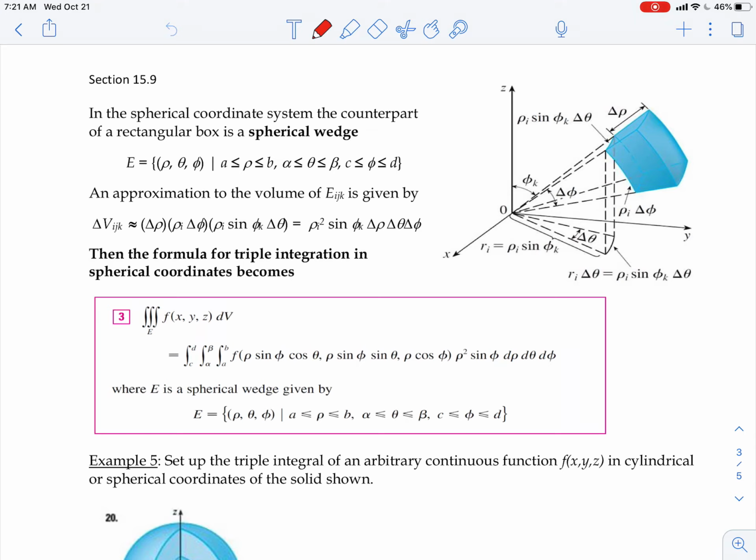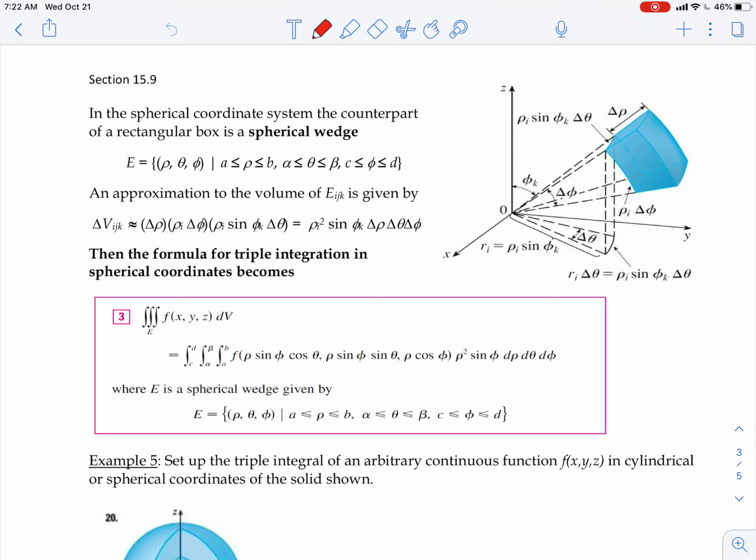It's a spherical wedge. The upper part of the surface is defined by a circle, and the lower part of the surface is defined by a circle. So it's in between two surfaces that are circles, and the depth of that is going to be delta rho.